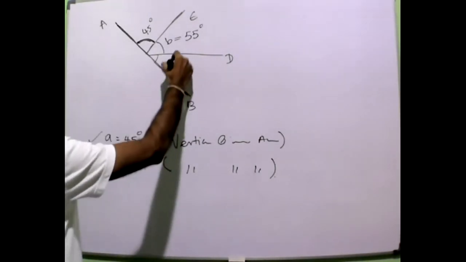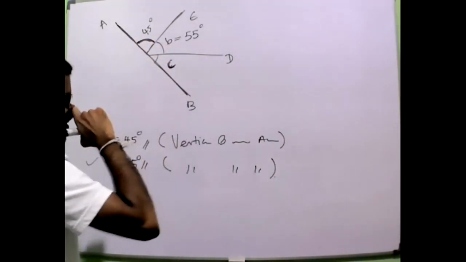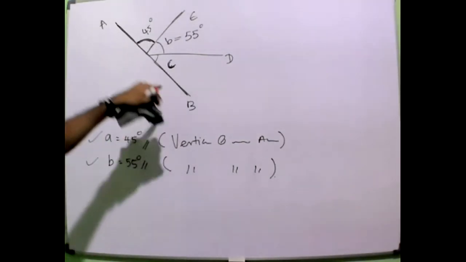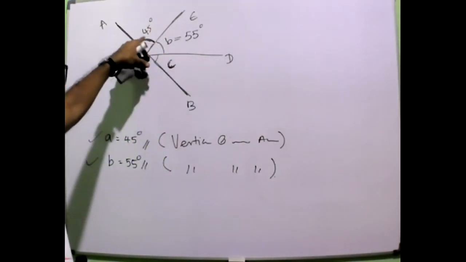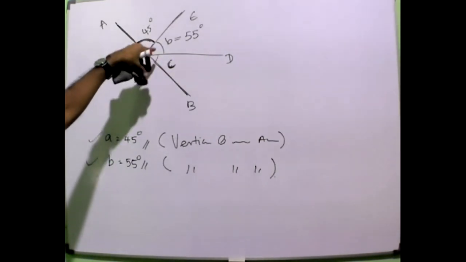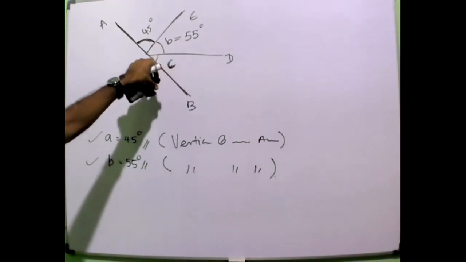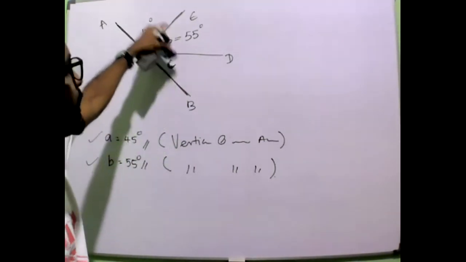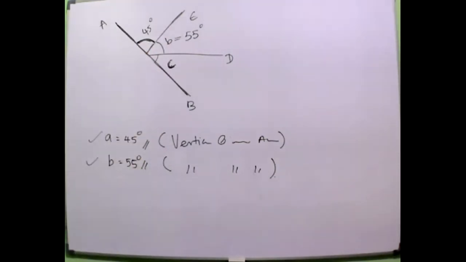Because AB is a straight line. Once you see a straight line, the summation of all angles on that straight line is equal to 180 degrees. Why? All these three angles are on the AB straight line. So I can write.